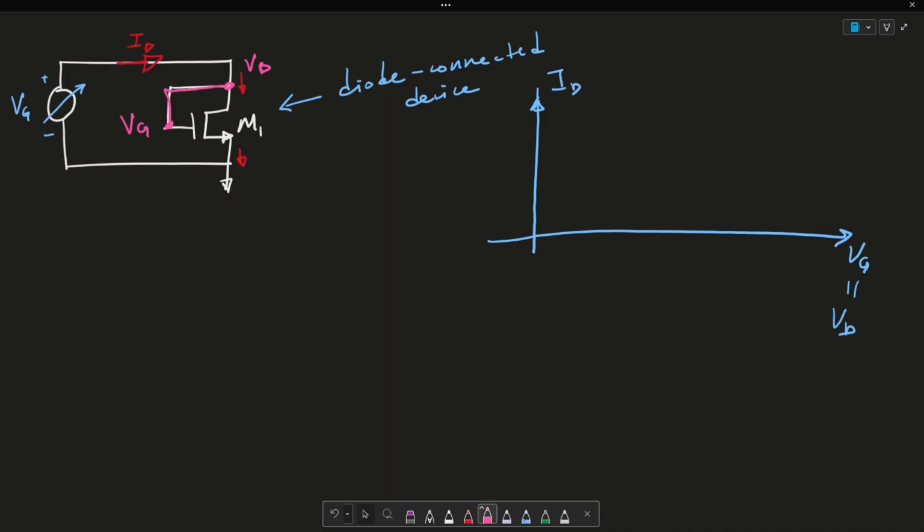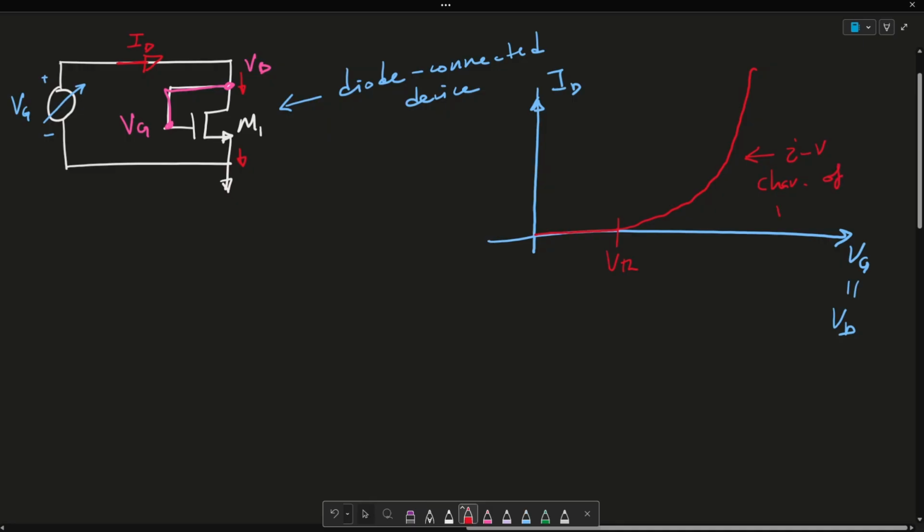So basically they're the same. So as we vary VG, ID is going to be 0 all the way until this V threshold. And then it's going to start to shoot up like so. And essentially this is the IV characteristics of a diode connected NMOS transistor.